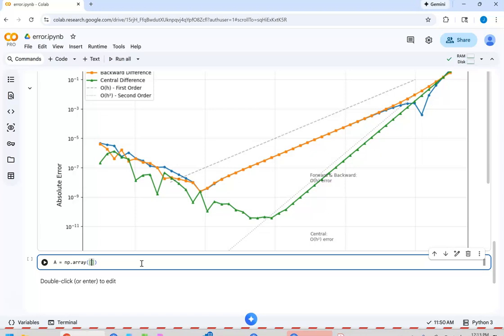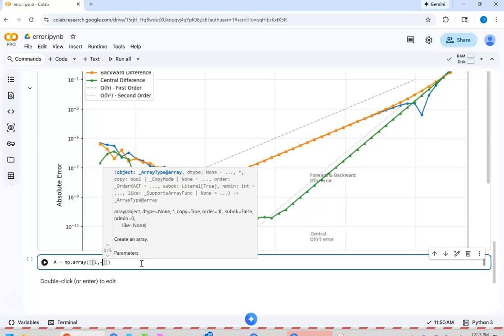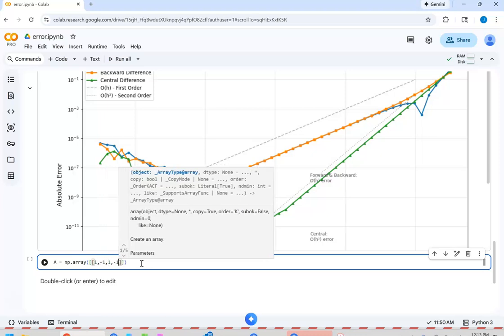Remember again that across our rows, we're going to have a 1, the x value, the x value squared, the x value cubed, right? We're going to go across. So our first row should be a 1, a -1, a 1, and a -1.